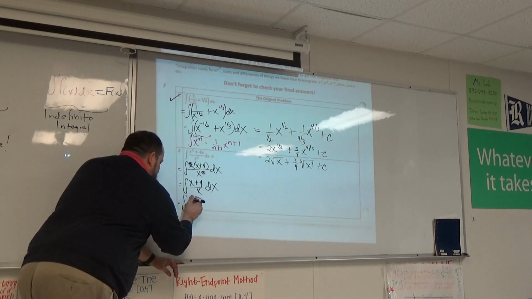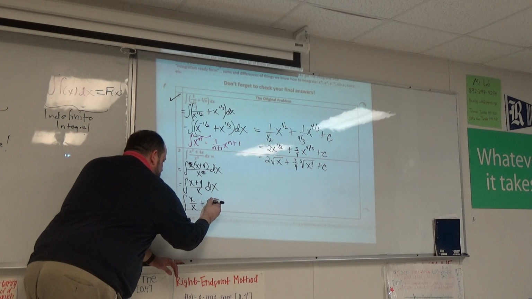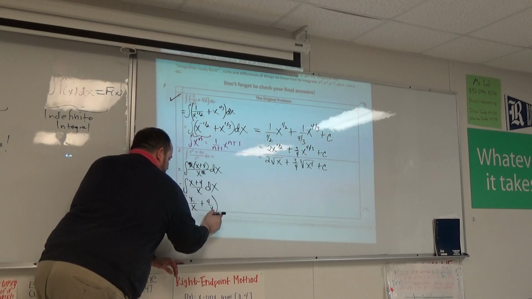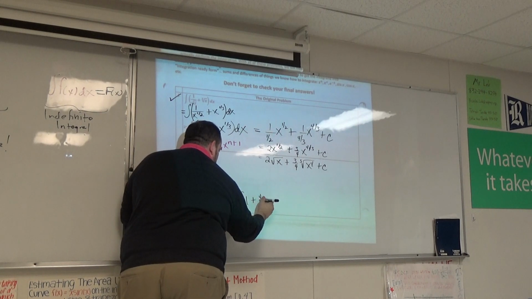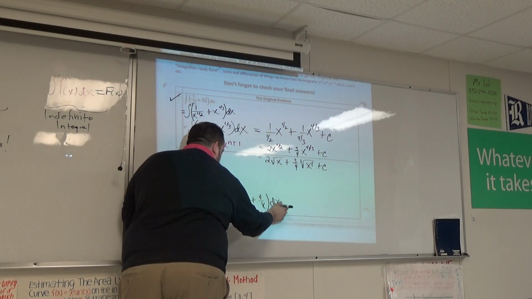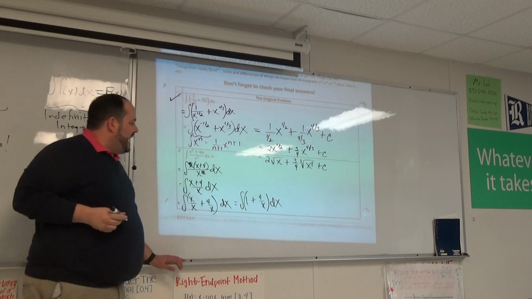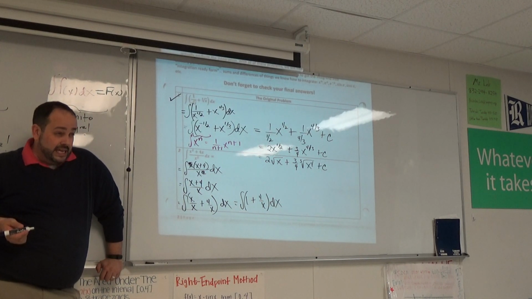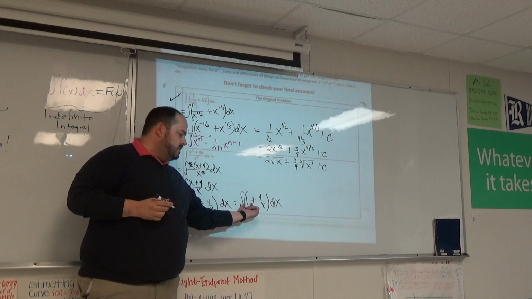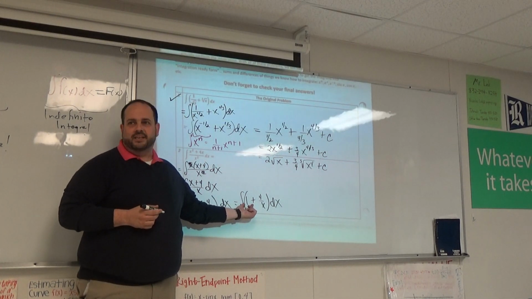So let me rewrite this and say that's x over x plus 4 over x dx. X over x is really 1. Now, a place where a lot of times the AB students start to struggle a lot is this 1. They're like, I know what the antiderivative of 1 is.